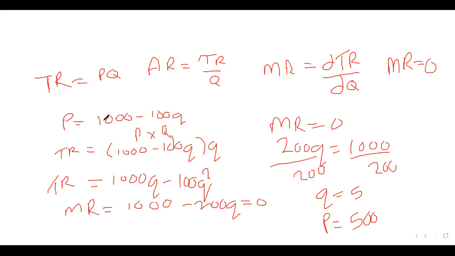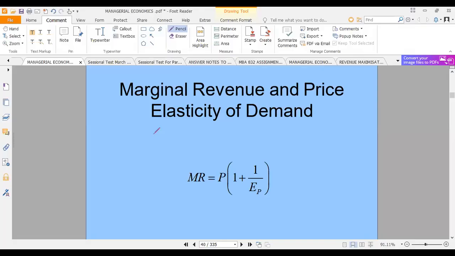So it becomes marginal revenue: this will be 1000 minus 200Q. This is the shortcut for making the price a marginal revenue. We just multiply a 2 on the gradient. Here, leave it as it is.